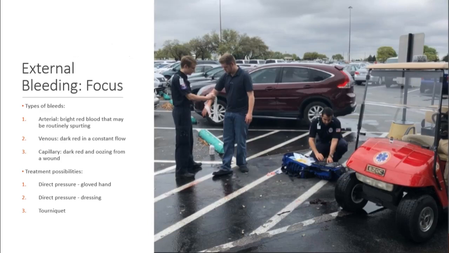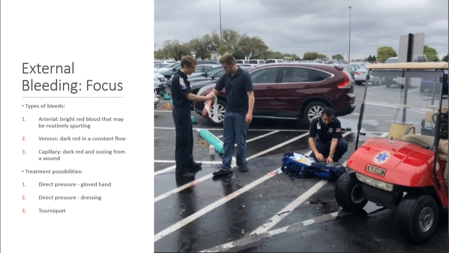So kind of taking a focus on external bleeding, we should be familiar with most of this. We have arterial, which is bright red blood, like rhythmically spurting out of an artery. Venous is going to be a dark red color with a kind of a constant flow to it. Then capillary will also be dark red, but it'll be like oozing slowly out of a wound.